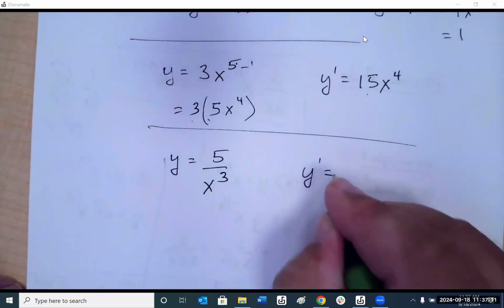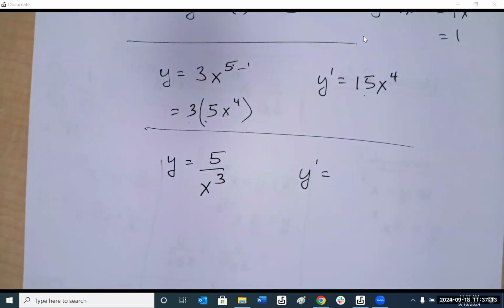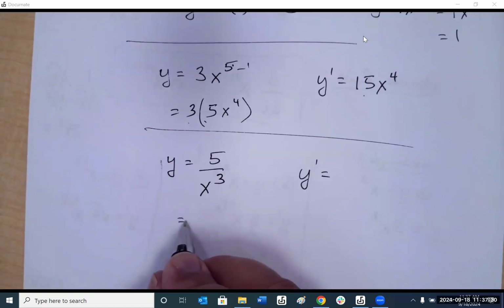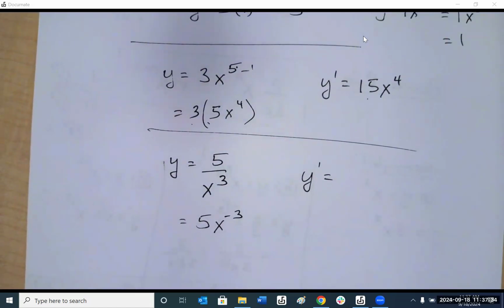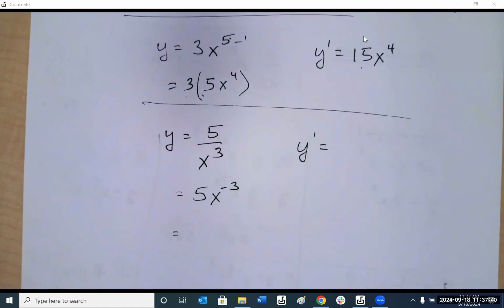What's that derivative? Isn't it x with an exponent of -3? You have to first rewrite it like that. Now what do we do?